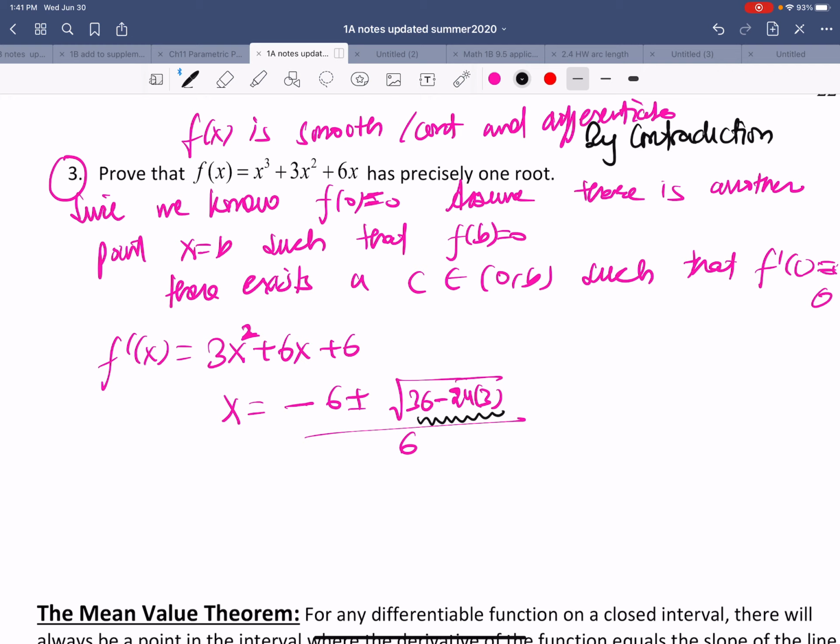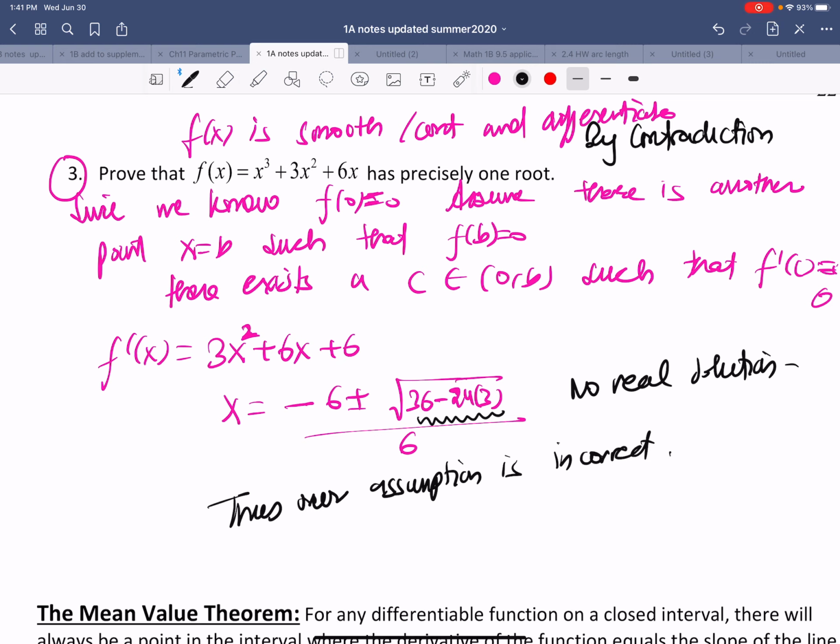If we have a negative number in the square root, there's no real solution. Thus, our assumption is incorrect. That means this function f of x has only one root. It does not touch the x-axis again, only at x equals 0.